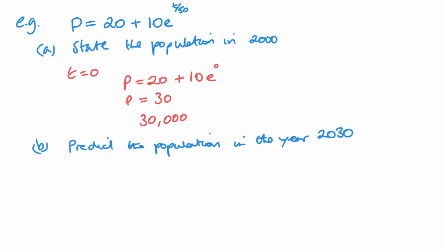Part B, predict the population in the year 2030. So t would equal 30 for this one. Therefore p would equal 20 plus 10e to the 30 over 50.